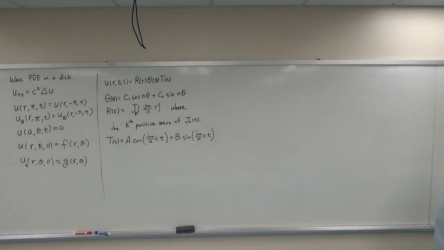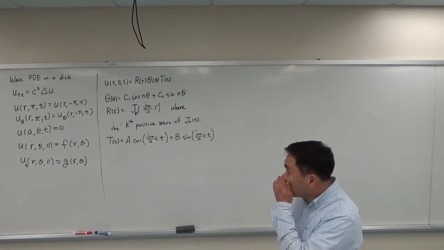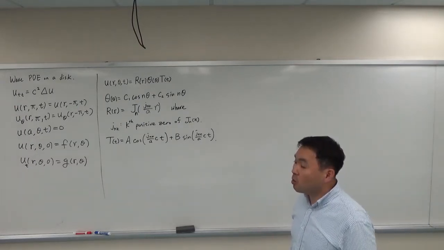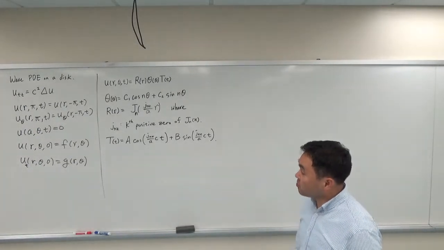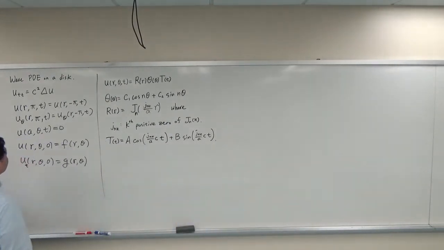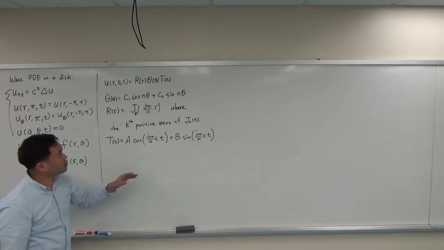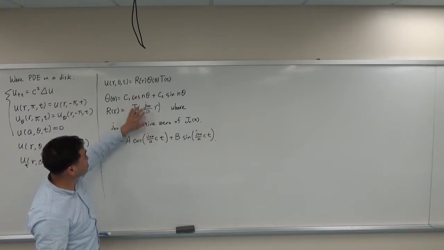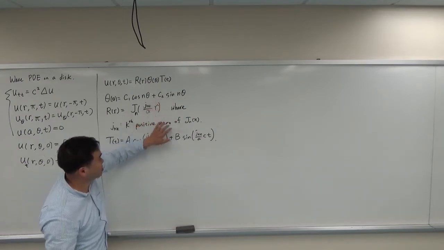And that's a pretty good result, because now we know that all the non-trivial solutions of this wave PDE on a disk that satisfies the periodicity condition in the angle and the boundary condition 0, so the ones that satisfy this much, are this times this times this, or this times this times this, or this times this times this, or this times this.